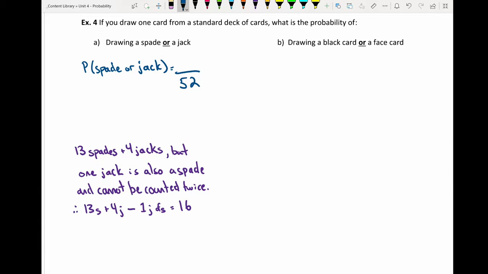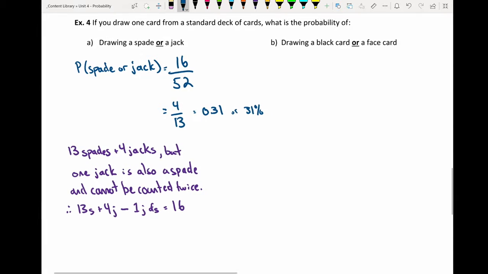So I have 16 out of 52, which is equal to 4 over 13, or 0.31 as a decimal, or 31%. Again, you have to think of what you're looking for, and if there is an overlap in the items, you have to remove that overlap.